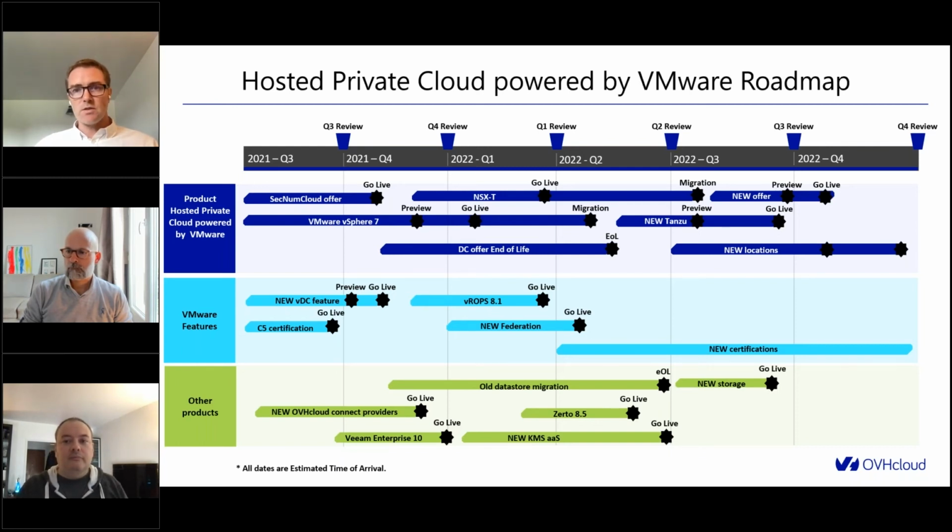And new locations. We know that several customers want to have our platform available in other regions, in other locations, to build more DRP infrastructure, etc. So even if we are available in Canada, in the US, and in Europe, we are going to provide more locations from next year.